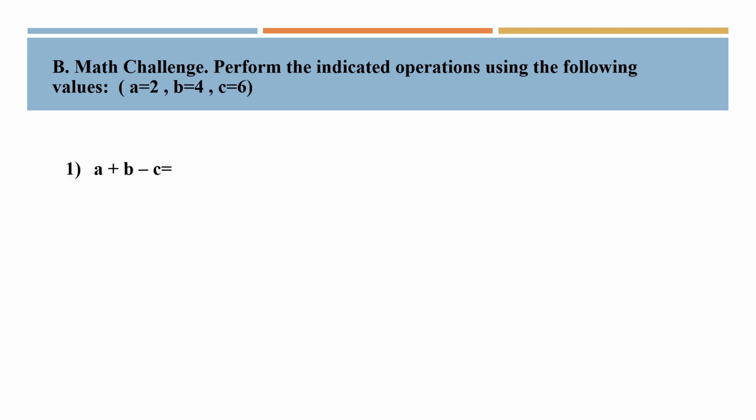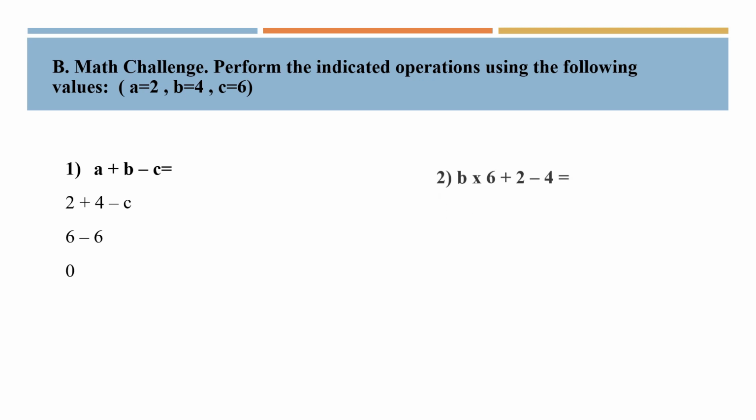Let's have number 1, A plus B minus C. The value of A is 2, and the value of B is 4. So, 2 plus 4 equals 6 minus 6. Now, what do you think is the answer? Let us check. So, the answer is 0.